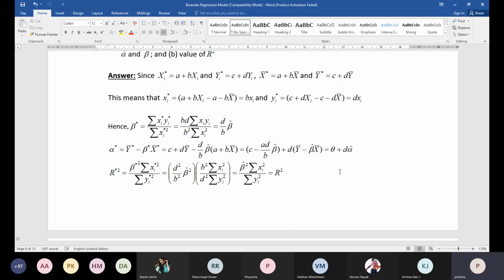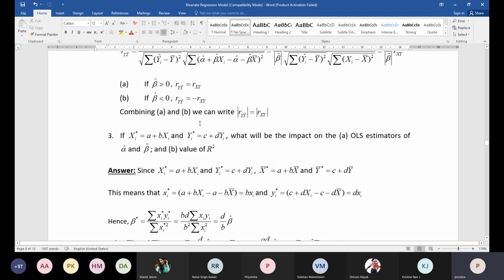Now let us extend this component. So I just add here: if xi star is equal to a plus b xi and yi star is equal to c plus d yi, then what would be the impact on the OLS estimators of alpha hat, beta hat, and the value of R square? These two we have already done.